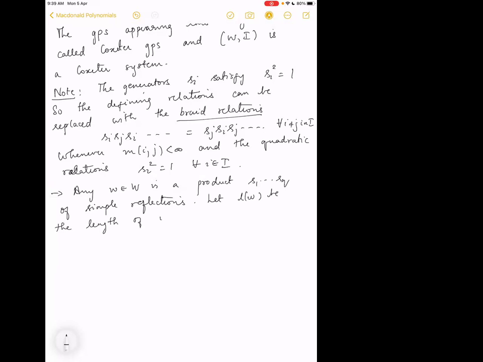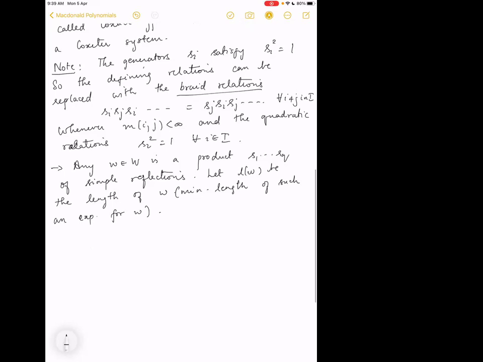So this is the minimal length of such an expression for w, and such an expression is called a reduced expression.